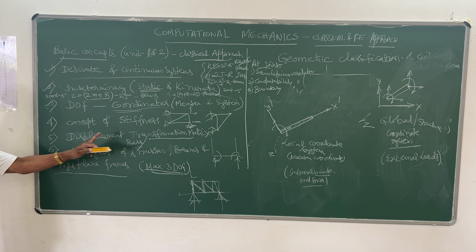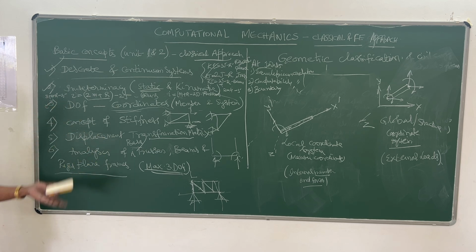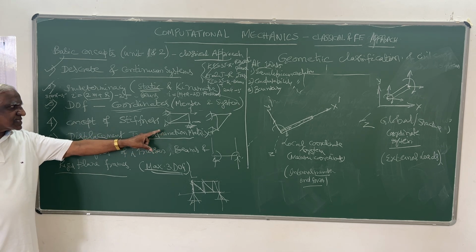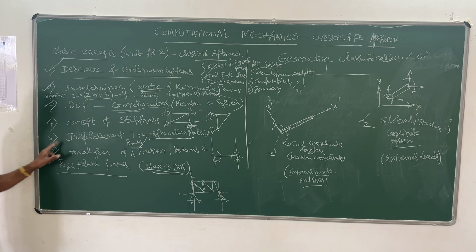Here we talk about displacement because we are talking about only the stiffness method, wherein we are interested only in the kinematics, that is displacements only, not forces, right? So that coordinate transformation from local to global or global to local, we can always interrelate by what is known as the transformation matrix. Is it clear?